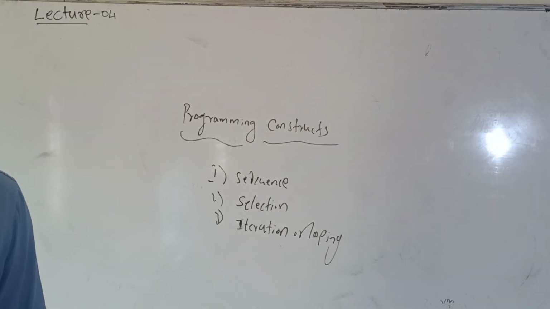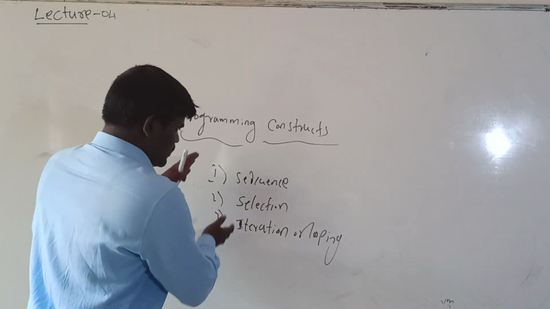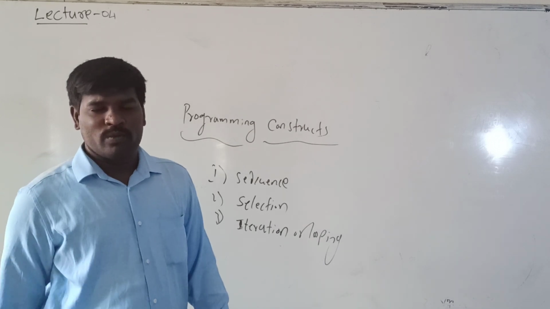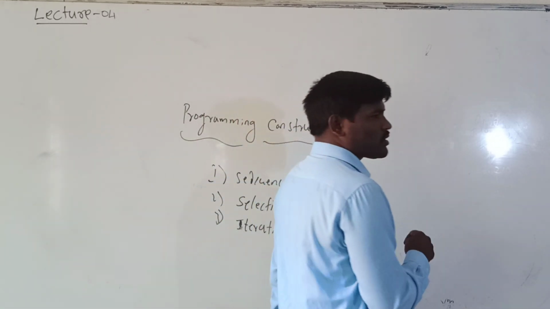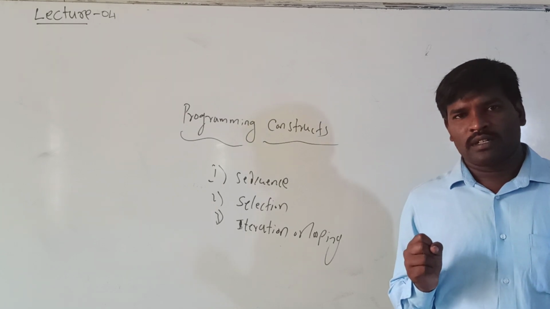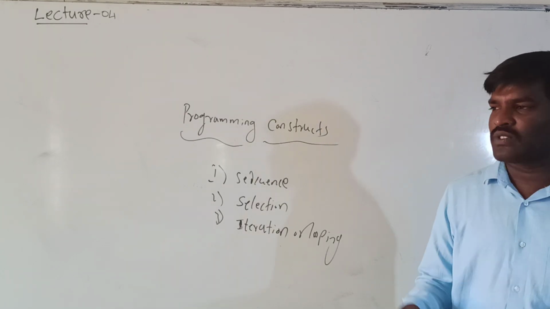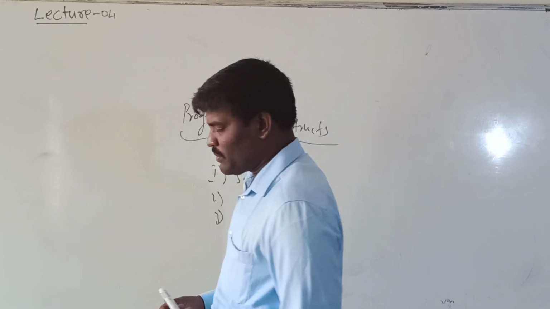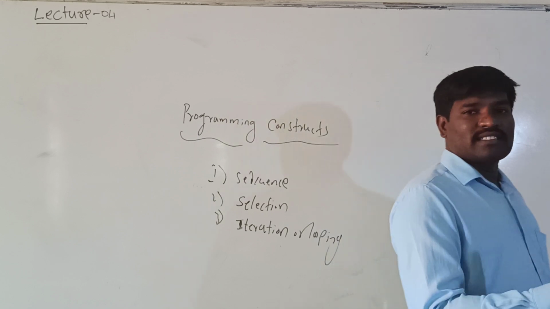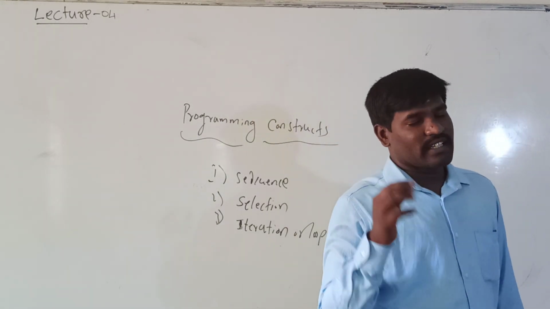The first one is the sequence construct. A sequence construct is a sequence of steps one after the other. For example, if you want to write the algorithm or draw the flowchart for the sum of two numbers, first you write start. In the next step, input a, b. Next, c is equal to a plus b. Next, print.